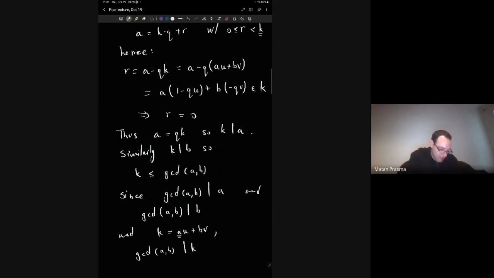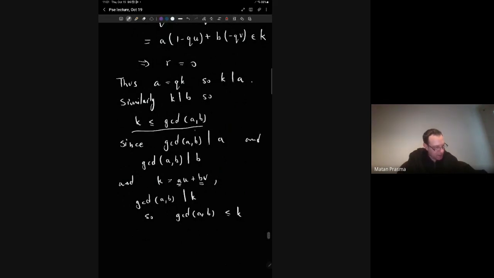Because it divides A and it divides B. So the GCD of A and B is smaller or equal to k, and I had the other inequality here, i.e. k is equal to the GCD of A and B. Okay, so I get that the GCD of A and B is some AU plus BV, as I wanted.